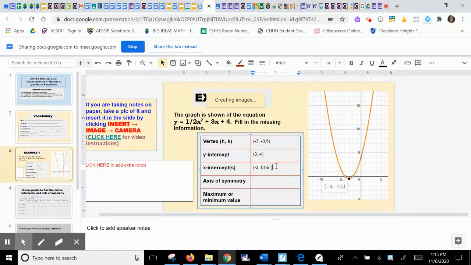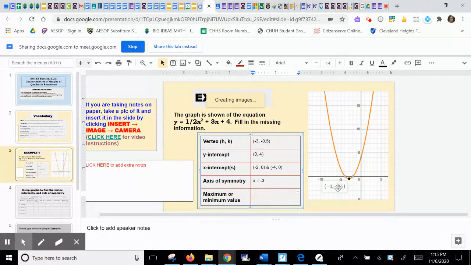So that point is -4, 0. The axis of symmetry is the h part of the vertex. So here's the vertex. So h is the first number and k is the second number. Well, it says -3. So the axis of symmetry is x equals -3.